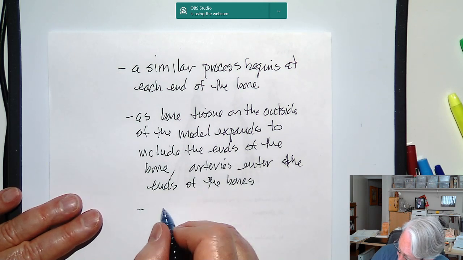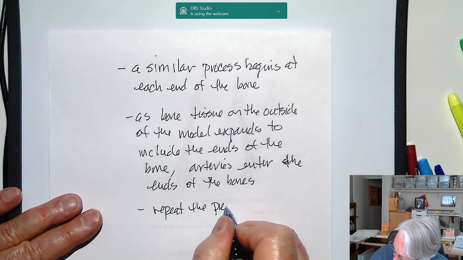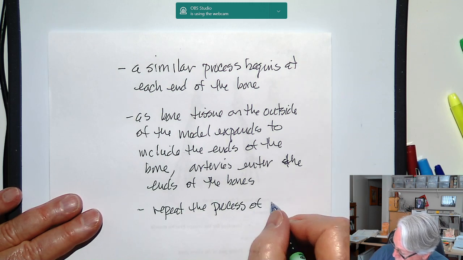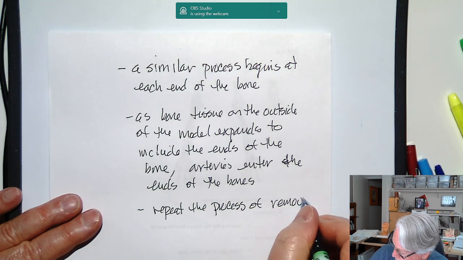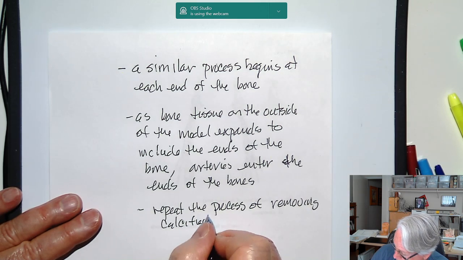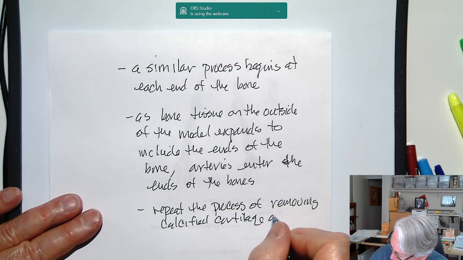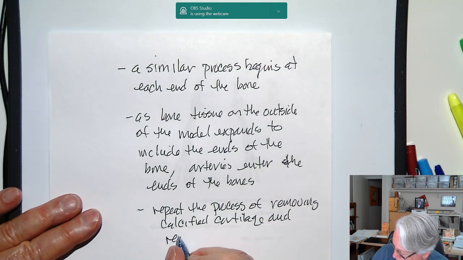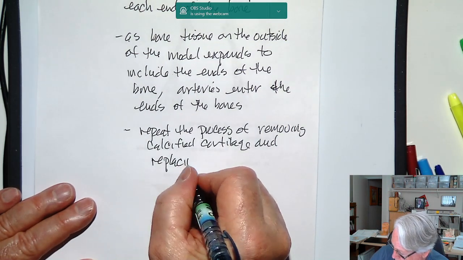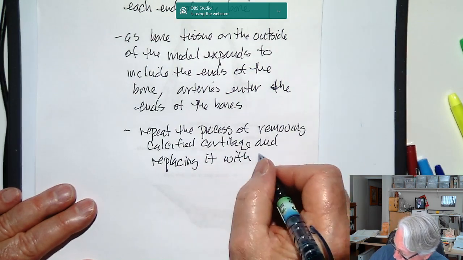And then we're going to repeat the process of removing calcified cartilage and replacing it with bone tissue.